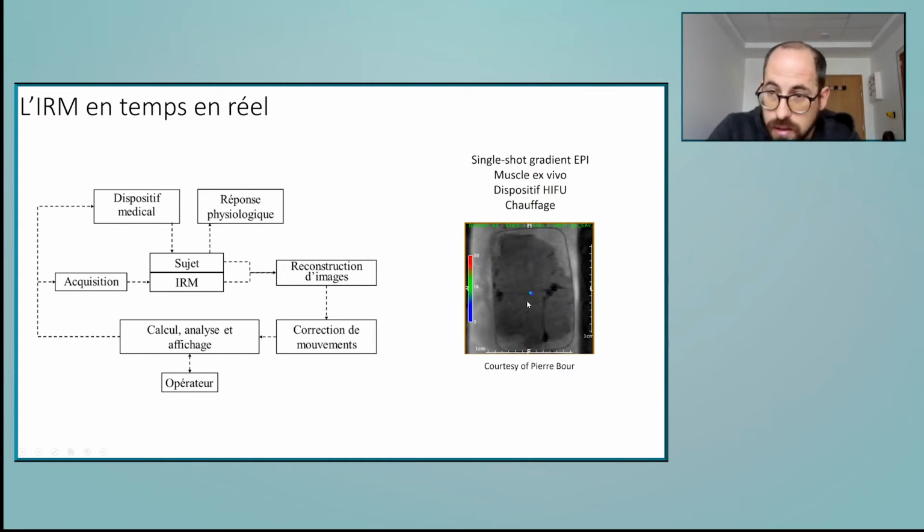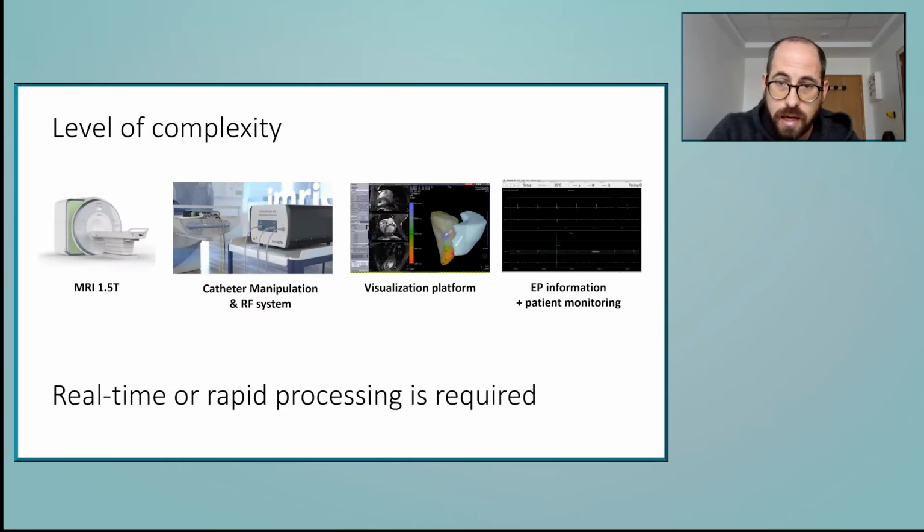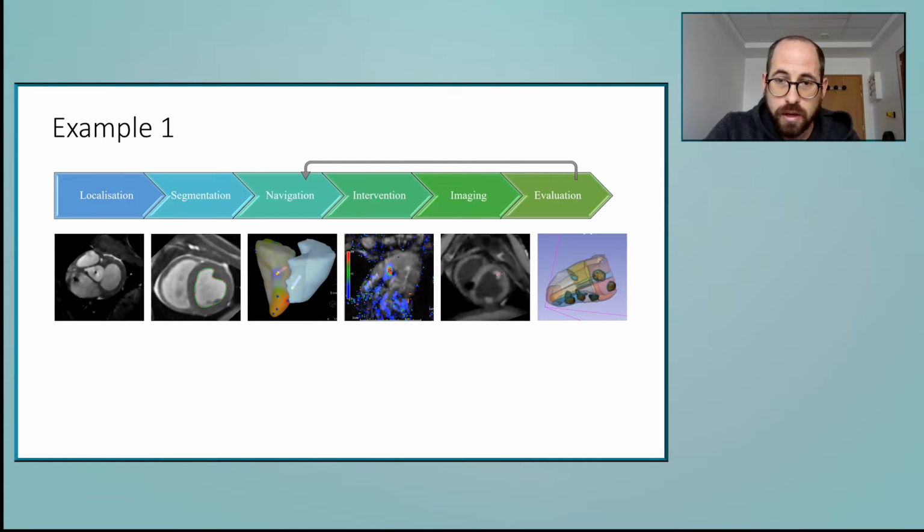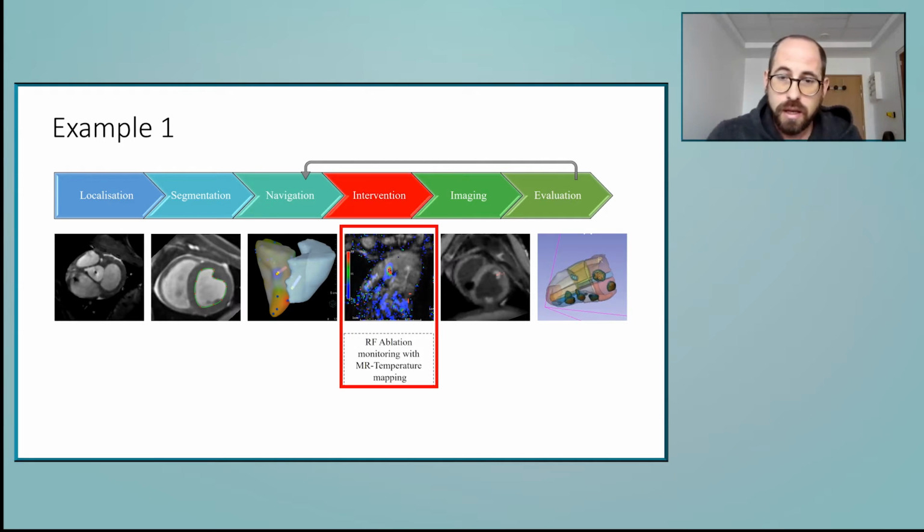In this case, I may skip some slides to go faster. I will present two scenarios related to the work at LYRIC, where we do radiofrequency ablation in the heart, and there is the interventional step where we do radiofrequency ablation in the ventricle.